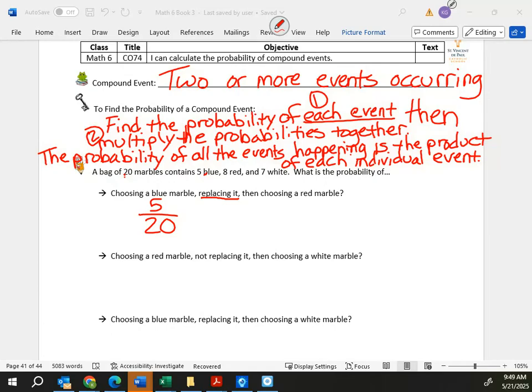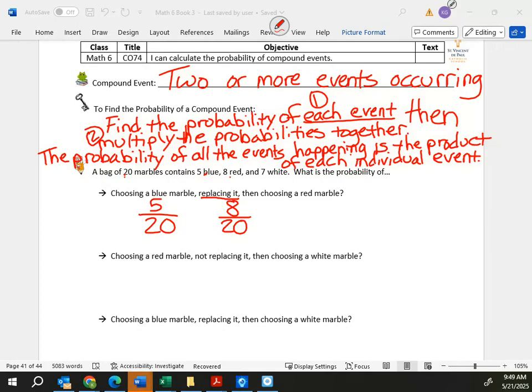Are we replacing it? This time we are, so we know our next probability is still gonna have 20 marbles in the bag. This time we want to choose a red marble. So what is my numerator going to be here, Liam? 8. There are 8 red marbles. So that's my step 1. I find the probability of the blue marble, the probability of the red marble. What do I do next?